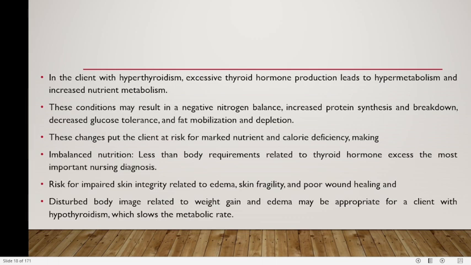These changes put the client at risk for marked nutrient and calorie deficiency, making imbalanced nutrition less than body requirements related to thyroid hormone excess the most important nursing diagnosis.